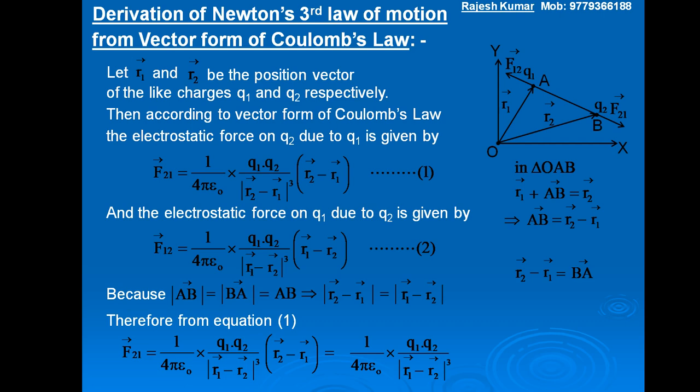Now within the bracket, take minus sign common. So minus sign common means within the bracket it becomes R1 vector minus R2 vector.